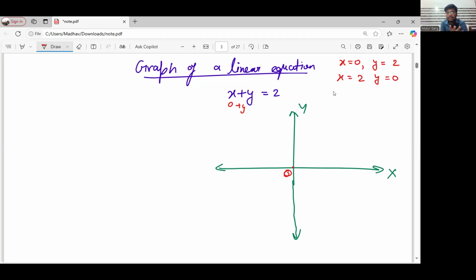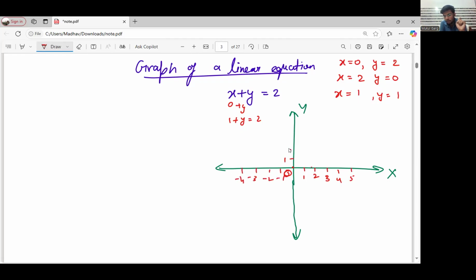Now you can take any other value. Suppose I'm putting x as 1, so it will be 1 plus y equals to 2. So obviously y is going to be 1. You can take as many values as you want, but I'm going to plot these three values. Let me mark the values here on the x and the y axis. Minus 1, minus 2, minus 3, minus 4, and so on.